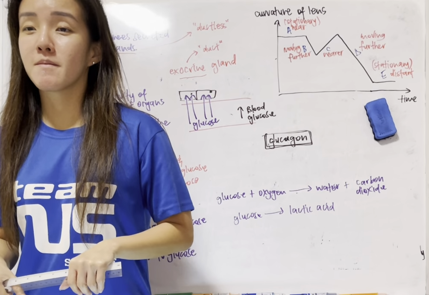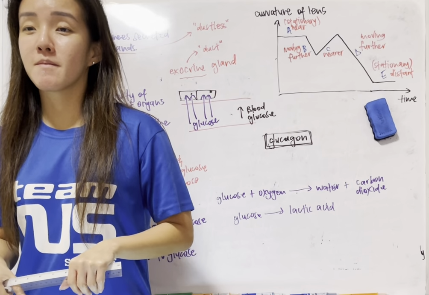Yes. Increase tissue respiration. Yes. Decrease oxidation of fats into glucose. So there's lesser glucose produced. What else? Decrease conversion of glycogen into glucose. Yes, because you produce less glucose.